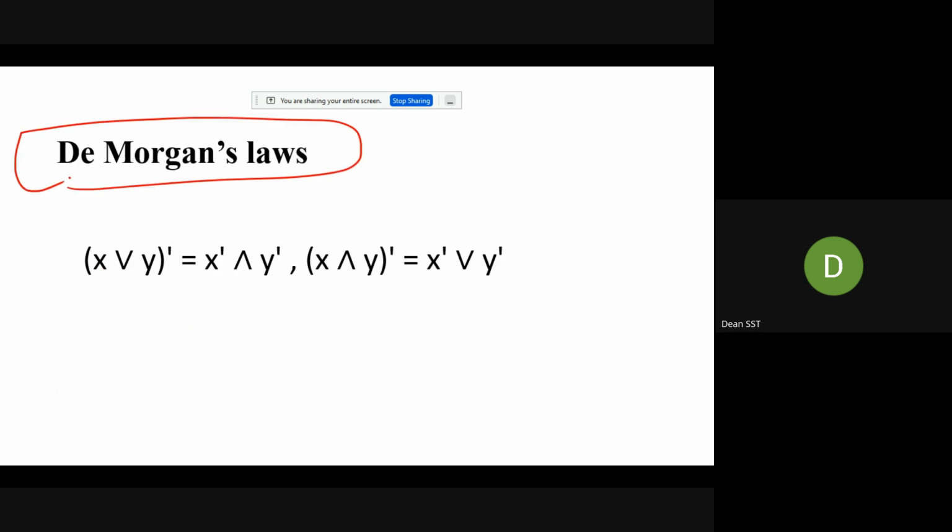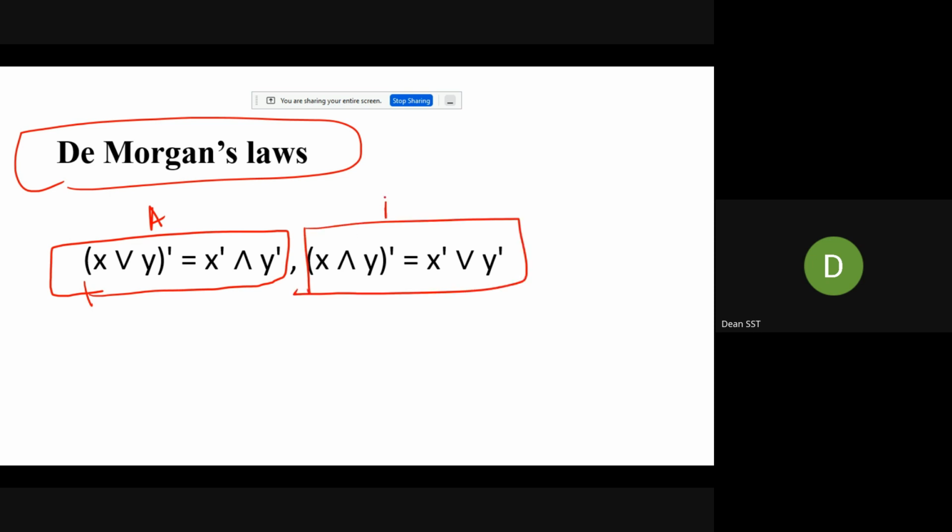Then De Morgan's law. It is very important. See here. This is first and this one is second. Here you are having disjunction, and it is also known as OR. So we can say (X or Y) bar is equal to X bar and Y bar.